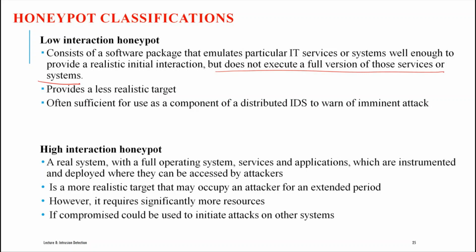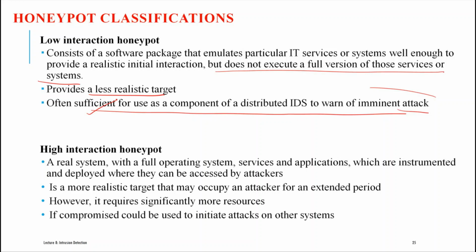Here the target is to find the attackers and capture the intruders. That is the goal. It is a less realistic target, but sufficient for use as a component of your distributed ideas to warn of an imminent attack. So this machine is enough. A low interaction honeypot is enough to find the attackers.